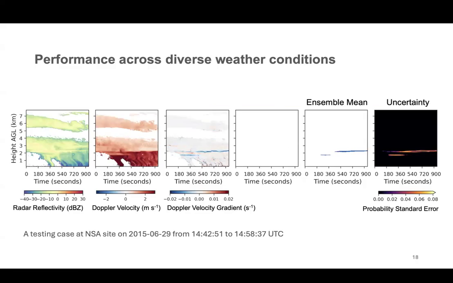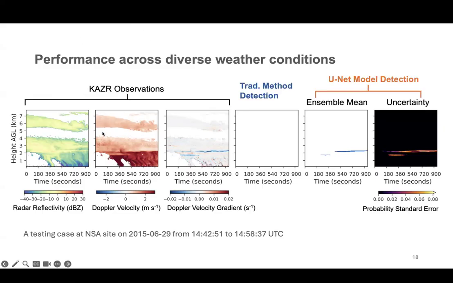So now let's look into some very specific cases so that we can have a better understanding of how well the UNet model works with different weather conditions. So for example, here we have the KAZR observations of radar reflectivity, Doppler velocity, and also the vertical gradient of Doppler velocity showing on the left side.